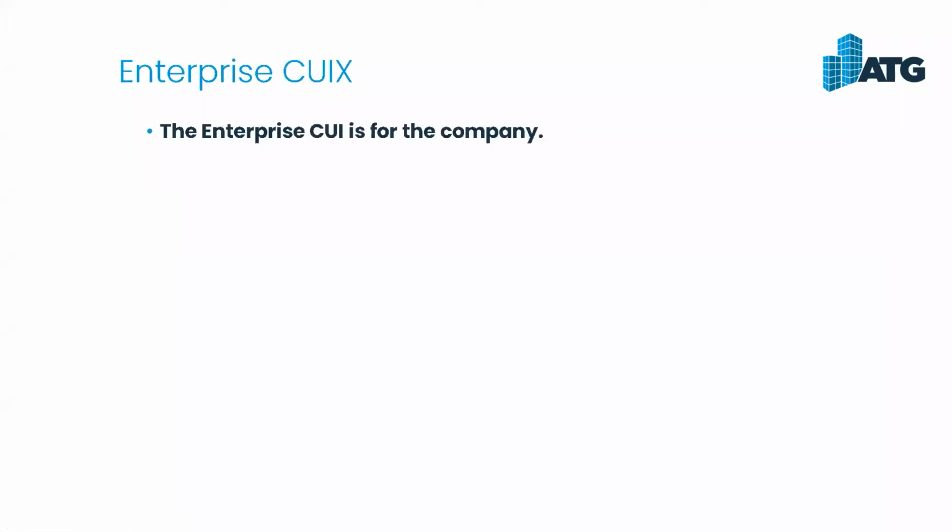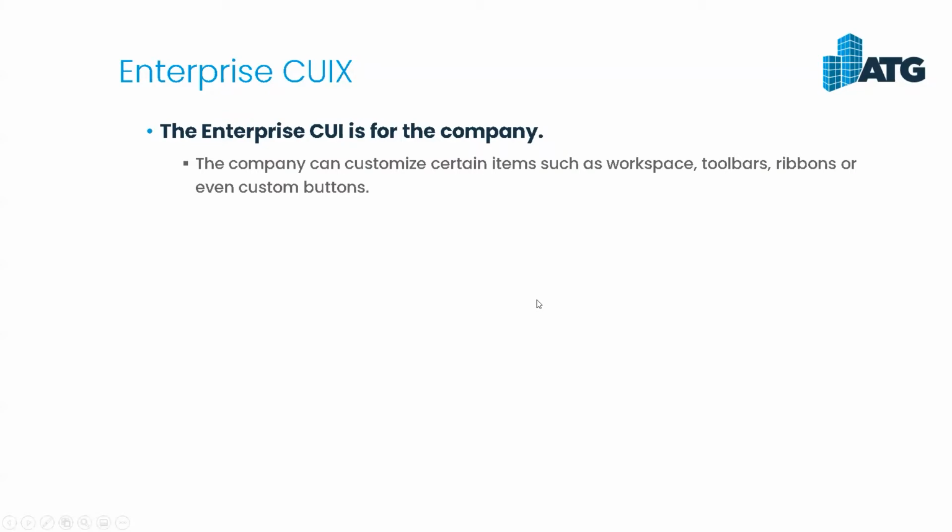Enterprise CUIx is something similar, but this is more for the company. The company can standardize items such as workspaces, your toolbars, your ribbons, and even some custom buttons. Maybe you have a list routine or something, or buttons that were customized for your company.